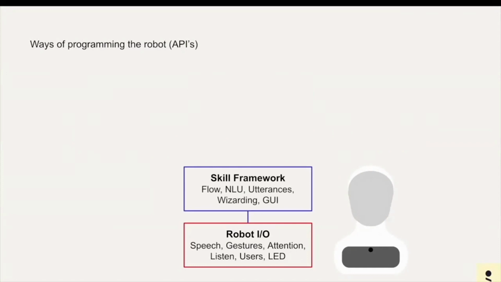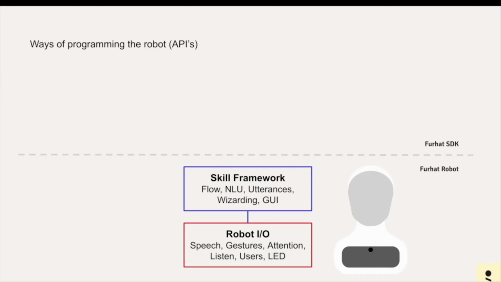On top of that, we have the skill framework, where you can manage the dialogue flow, define the natural language understanding, create the utterances for the robot, add wizarding buttons for a Wizard of Oz interaction, adding GUIs, and so on. This would be the robot layer.